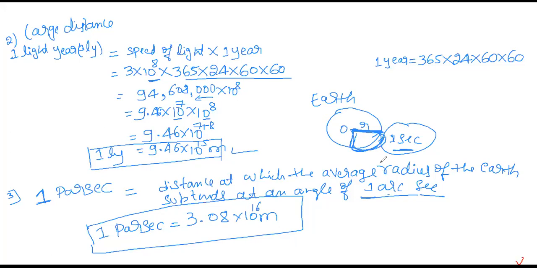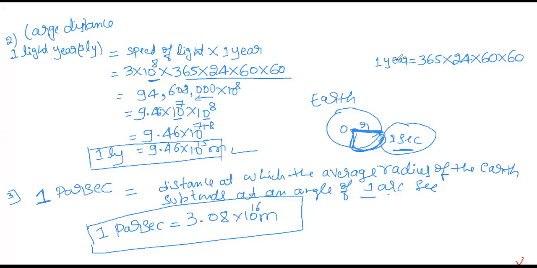What is the relation? We already know that 1 light year is nothing but the distance traveled by light in vacuum in 1 year. We have the value 1 light year is equal to 9.46 into 10 to the power of 15 meter.